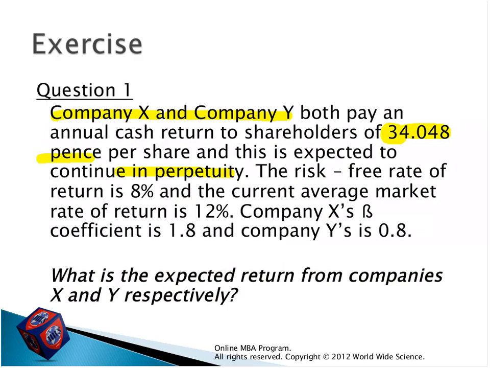That means we have two companies, X and Y, that pay some annual cash return, and the share price is, let's say, 34 US dollars.